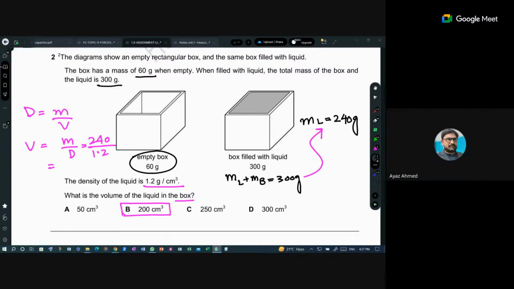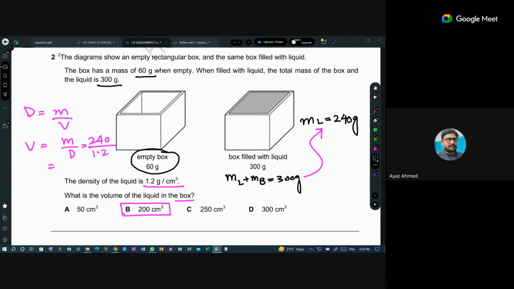You can switch off your video and then maybe it would not be lagging, because sometimes network problems appear. Hassan, is it clear to you also? Yes, sir. If you have a problem, then you can rejoin. I can let you log in again. No, it's no problem. Okay, is it clear now?